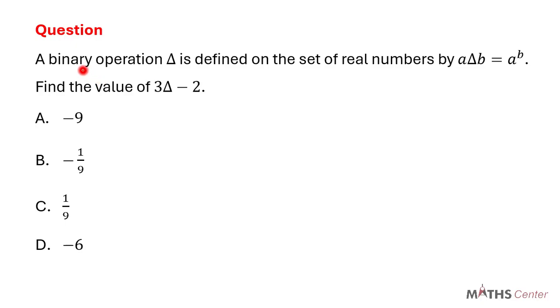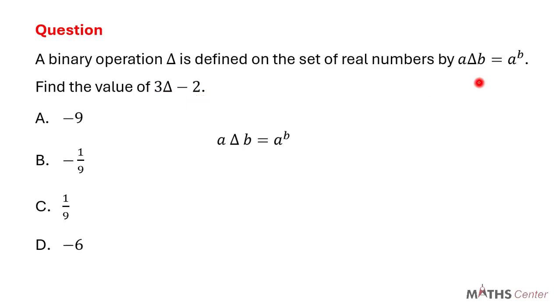The question says that a binary operation delta is defined on the set of real numbers by A delta B is equal to A raised to the power B. Find the value of 3 delta -2.